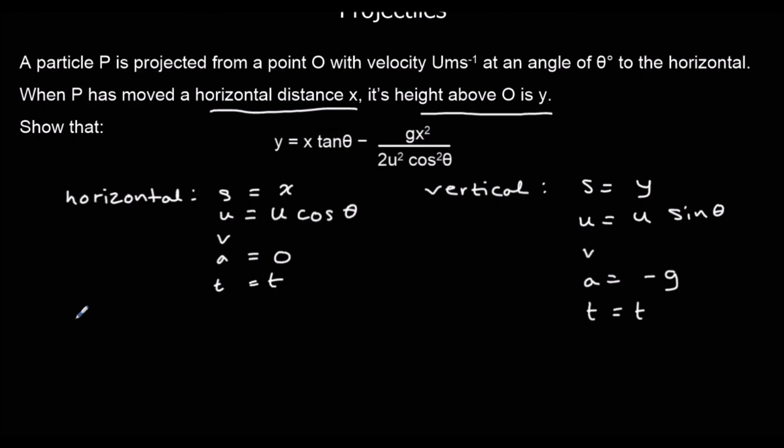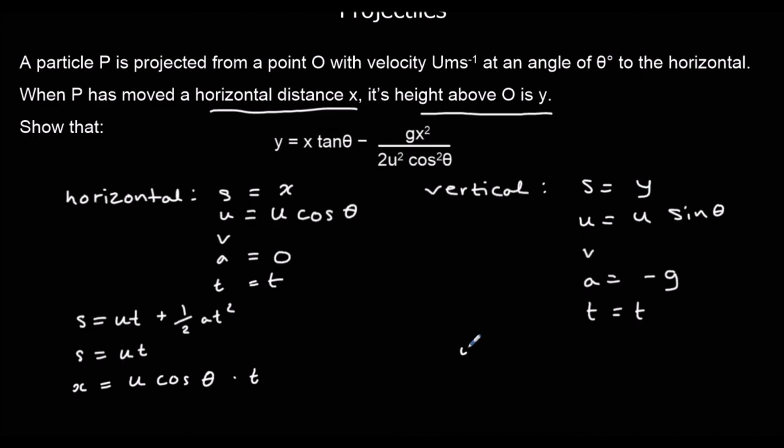So let's use s equals ut plus half at squared. Horizontally, it's just s equals ut because a is 0. So x equals u cos theta times t. And vertically, again, s equals ut plus half at squared.